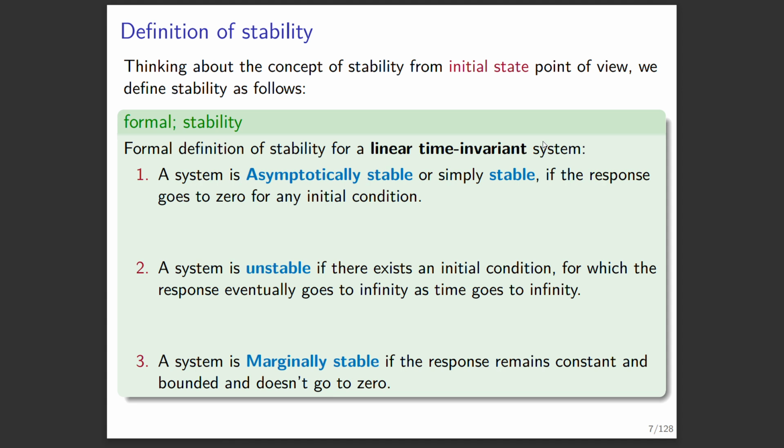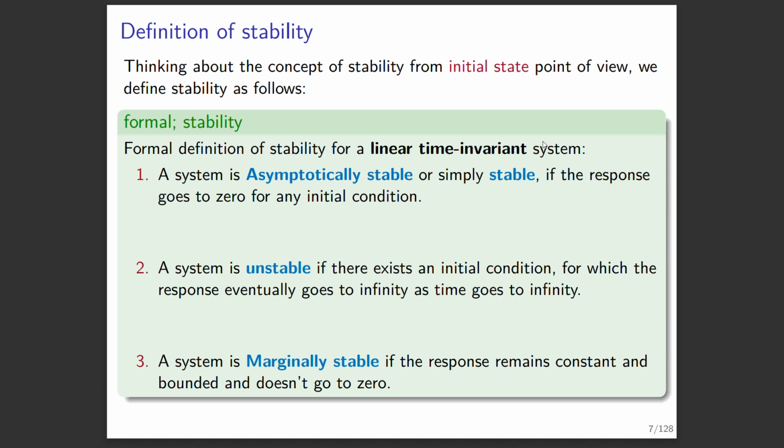Okay, now let's talk about stability. Let's have the formal definition of stability. There are two different ways to think about or to define stability formally. There is the definition from initial state or initial condition point of view, and then there is a definition of stability from input-output point of view. And these two different definitions, we're going to see one right now and then in a few minutes the second definition. These are not 100% the same.